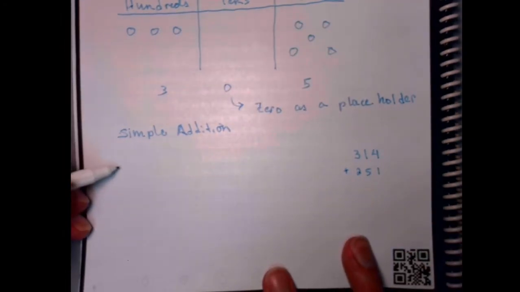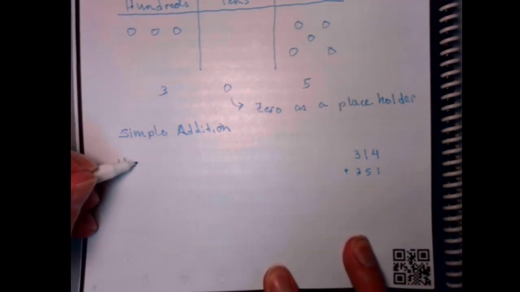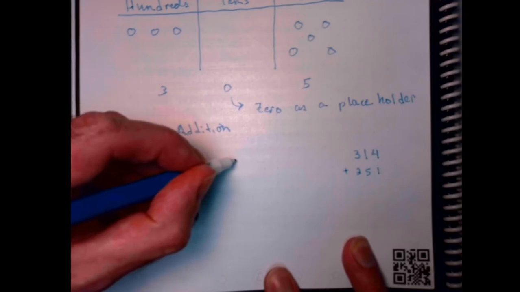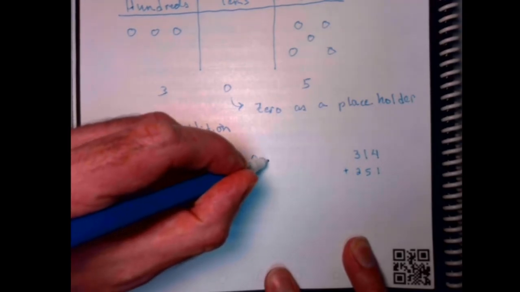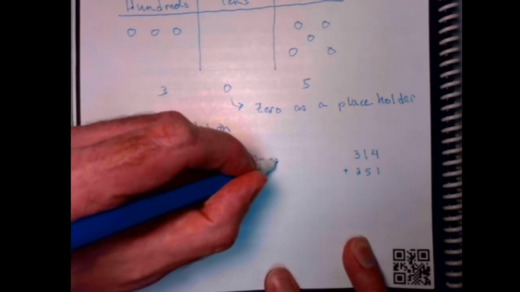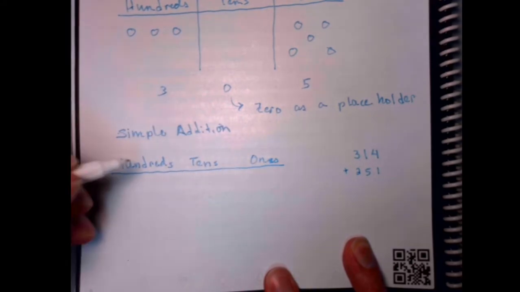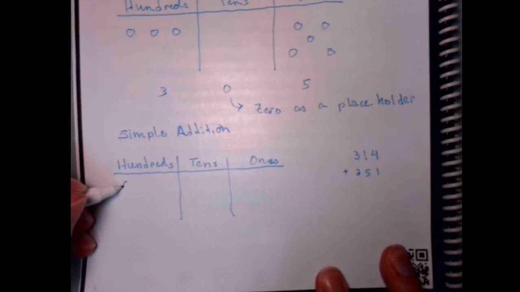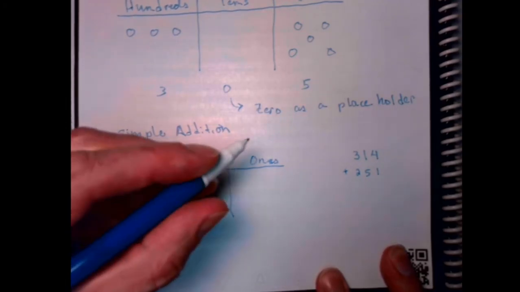All we really do is load each of those numbers into the appropriate place in the chip model. So we have our little trays here for the hundreds and the tens and the ones. So we have 314.